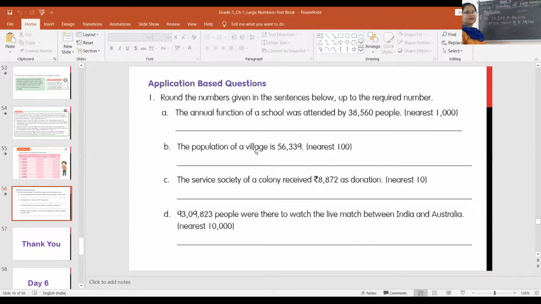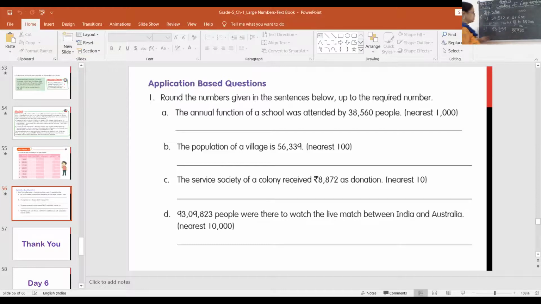It's nearest 100. Population of the village is given to you as 56,339. We have to round off to nearest 100. How do we do that? Very easy. Underline the 100 digit. It is a 3 on the right side, so don't increase the digit. What you have to write is the digit as it is and the remaining followed by 0.